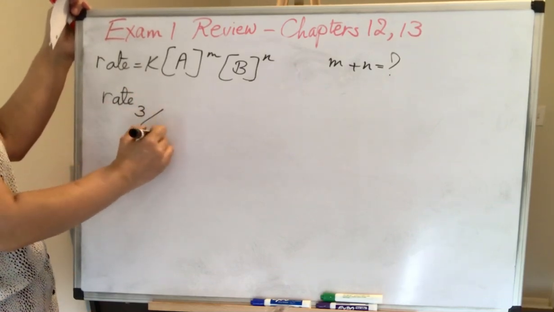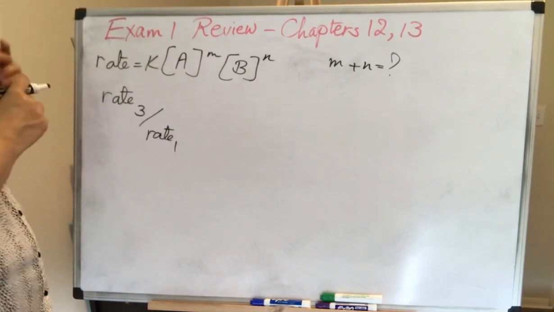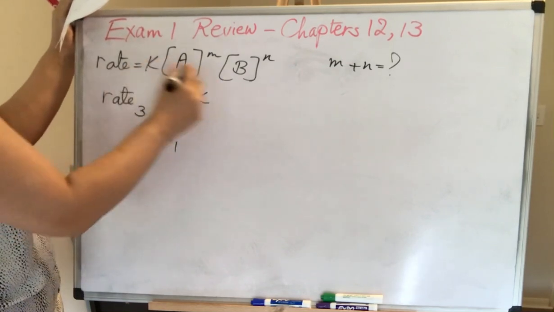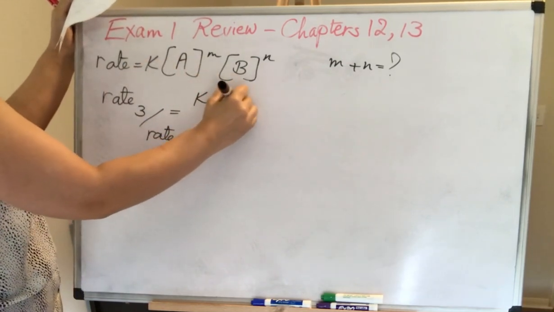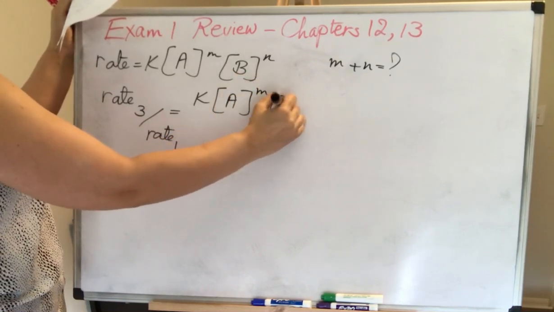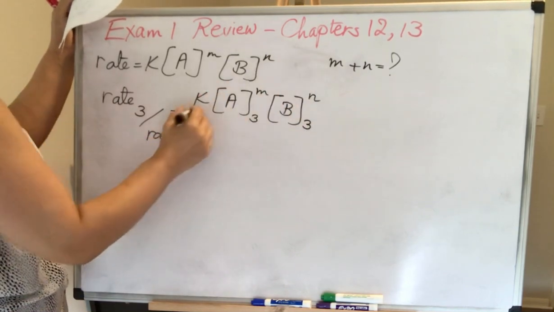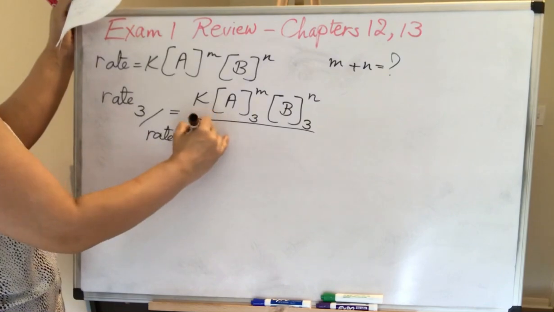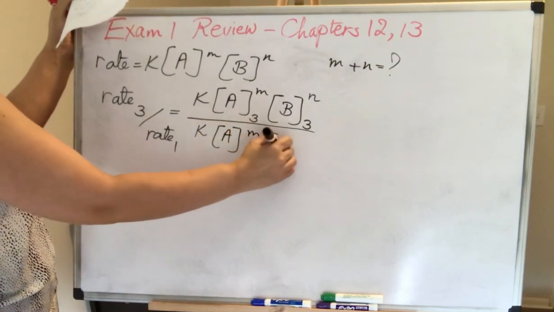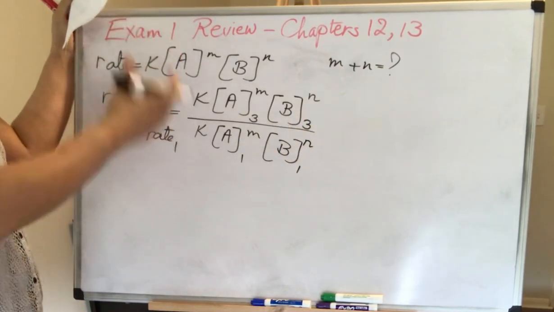m first. Rate of experiment 3 over rate of experiment 1 is going to give you m. So its rate of 3 is k times A3. The beep is my old school watch. All right, I'm writing the rate law for each of these experiments.